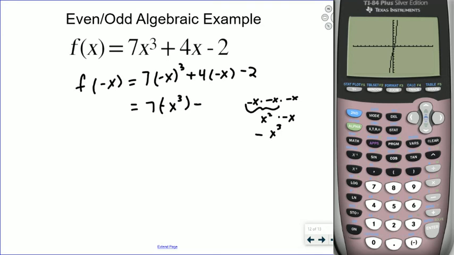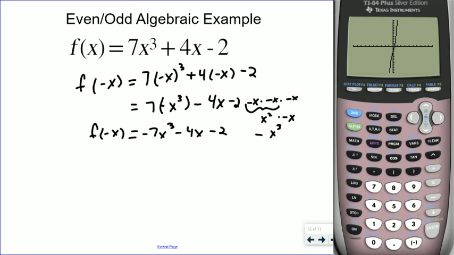Then 4 times negative x is going to be negative 4x and then minus 2. And then we do some more cleaning up, and we get that negative 7x cubed minus 4x minus 2 is our function f of negative x. So far, so good? Okay, cool.